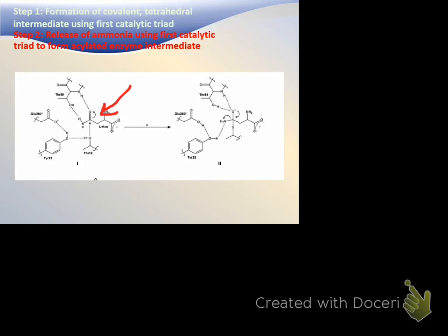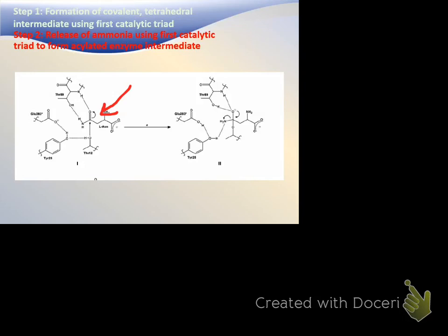So the first catalytic triad forms the tetrahedral intermediate, and the nitrogen is going to be released, similar to what we see with glutaminase. The role of the glutamate is really just to take away the hydrogen from the tyrosine, so the tyrosine can take the hydrogen from the catalytic threonine.